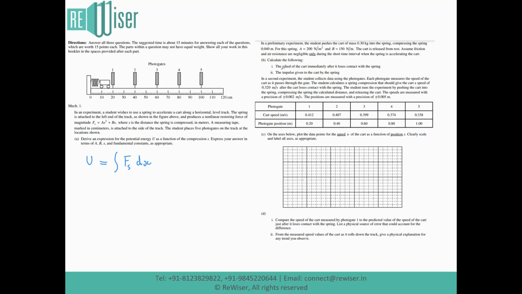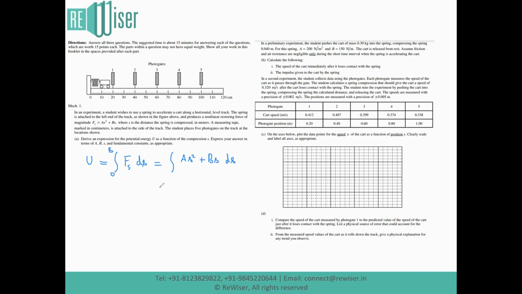Since s is a displacement, we could also write ds instead of dx. The limits are obviously 0 to s, which do not have to be applied because we're already integrating with respect to s. So this means the integral of (a s squared plus b s) ds.